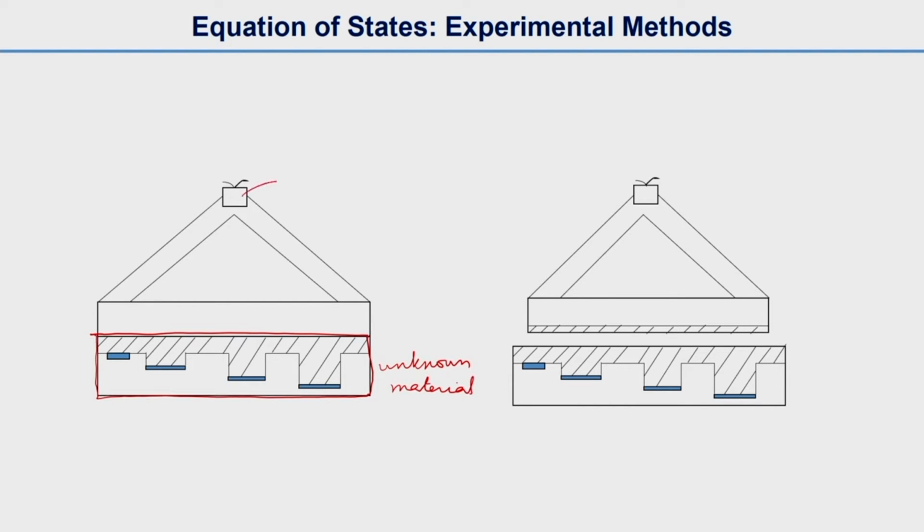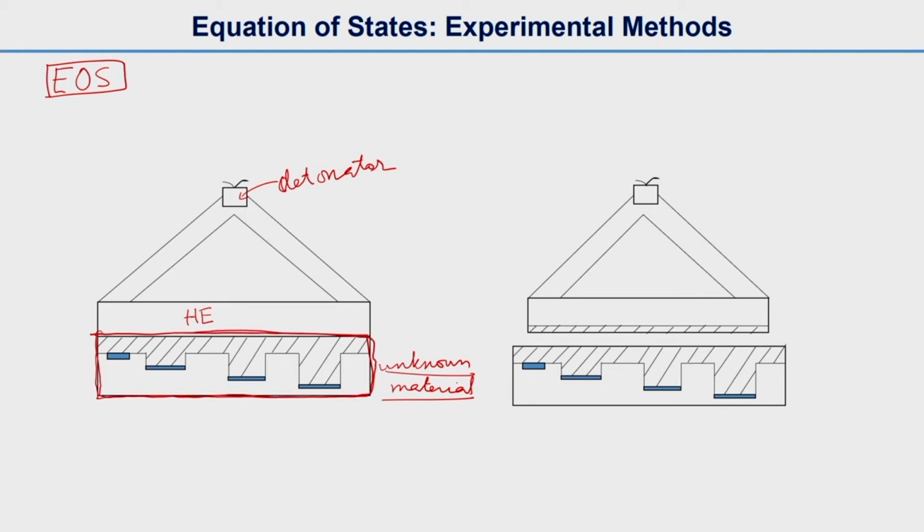We have a detonator here, and our goal is to obtain the EOS for this unknown material. This is one experiment. We have high explosive here, and with the help of this detonator we will explode it and see the response of this unknown material.